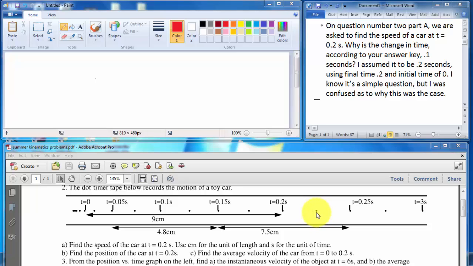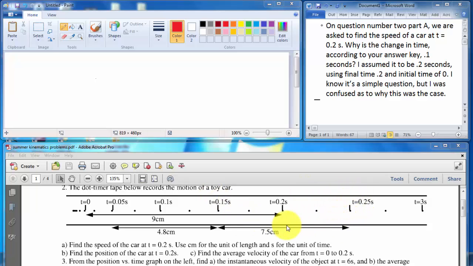Now if we were doing this as a lab, I would actually ask you to measure the distances here with a ruler. But because this is a problem that is posed to you here, they did not give you the distance between this point and this point. So now you're going to have to work with the closest distances you have, both to the right and to the left of this point, and try to find out from that the average speed between those points, which turn out to be this place right here and this place right here.